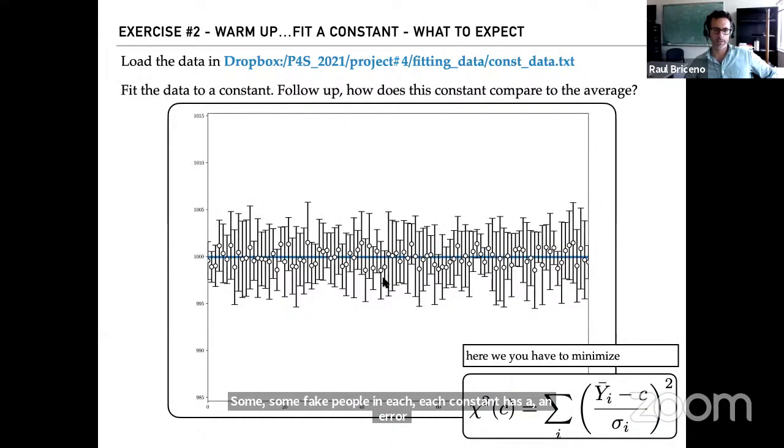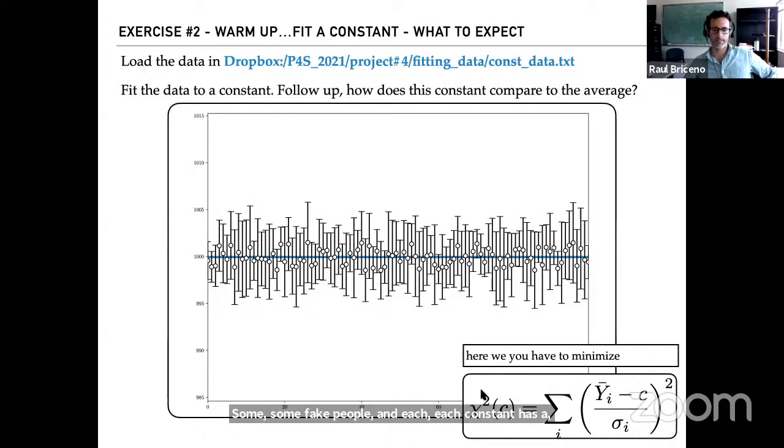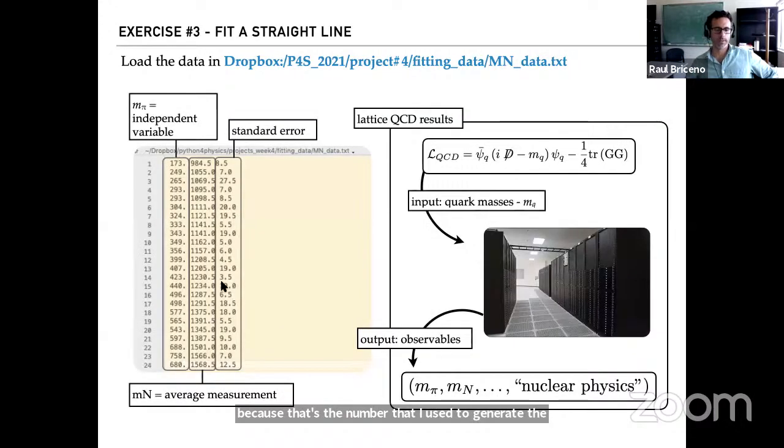All you had to do was fit this fake data by constructing a simple chi-squared, defined by the difference between your data and the constant you're trying to determine, divided by the uncertainty of the data, all squared, and then you sum over all elements in this list. Hopefully you get a constant that is close to 1,000, because that's the number I used to generate the data. That was just a warm up, essentially, just to get you warmed up.